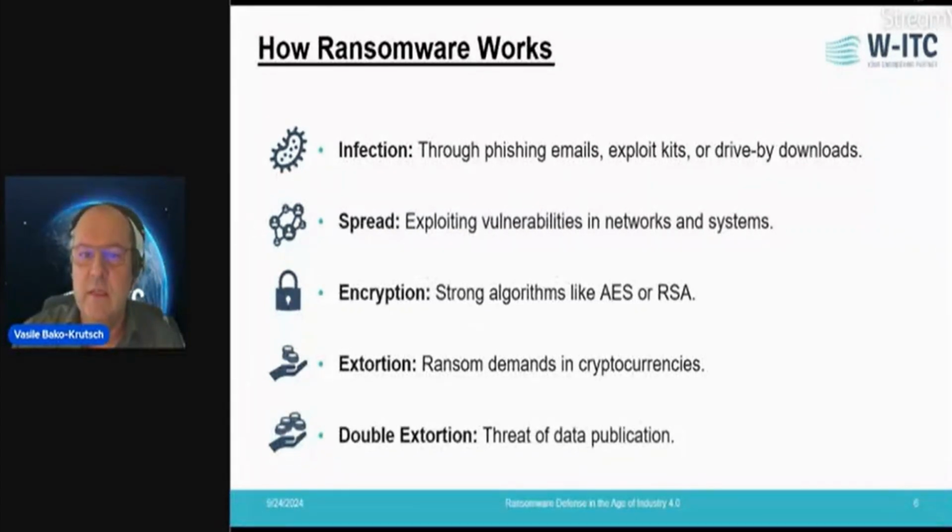After successfully infecting the system, the ransomware aims to spread all over the system. This often happens by exploiting vulnerabilities in the network structure. If you're not well secured, then you might run into problems. Network flaws like unsecured remote desktop protocol connections or outdated software can also be a problem.